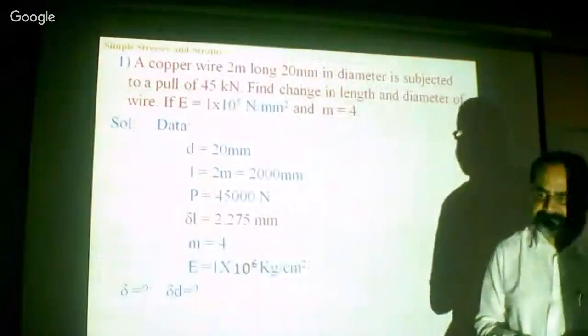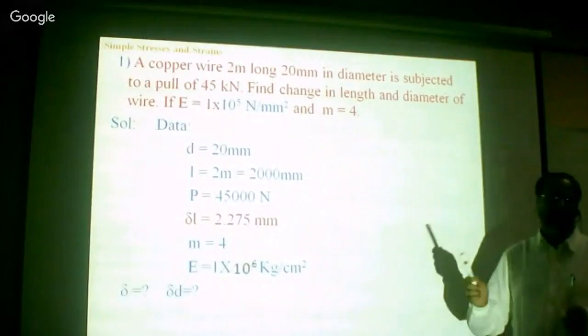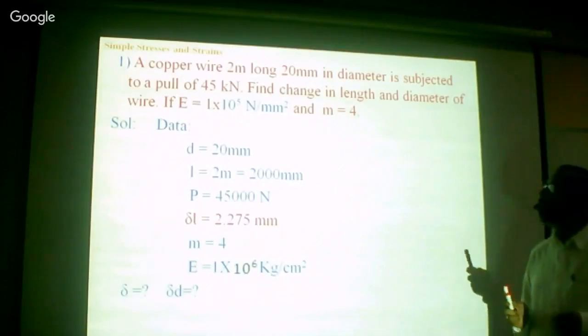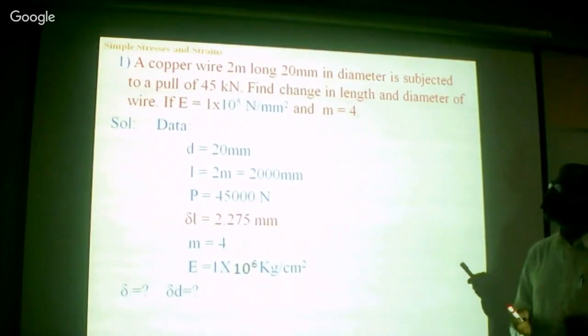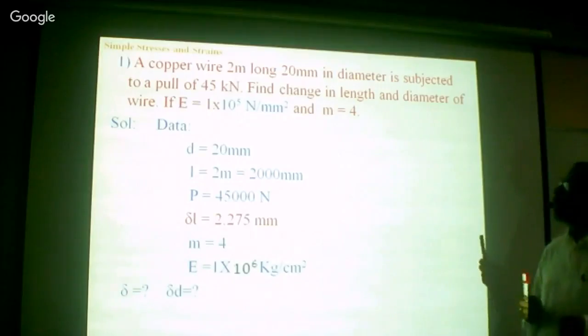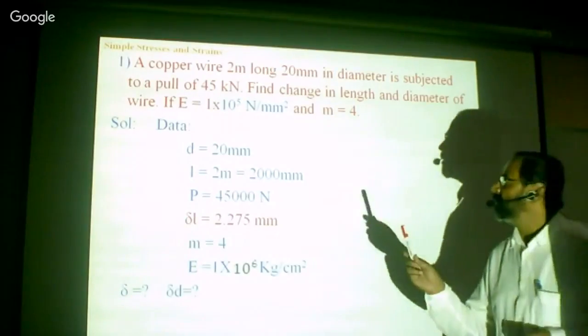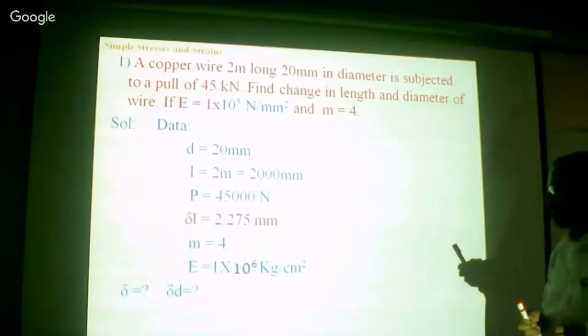Now again, on lateral strain and Poisson's ratio, let us solve one problem. Let us take one example.